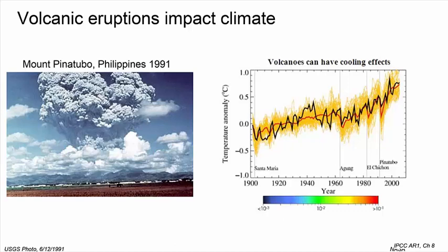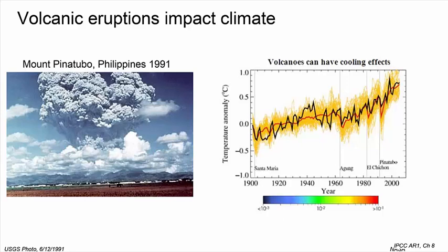You can see a drop in global surface temperatures following these eruptions, because these affect the Earth's radiation budget, where less radiation is coming down to the surface.